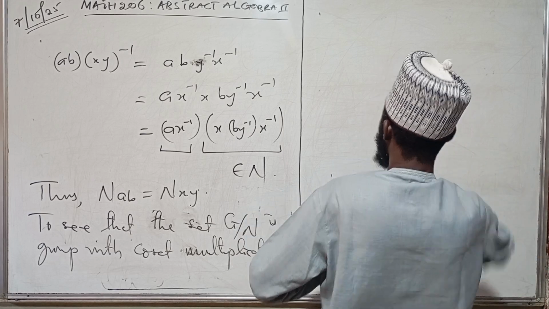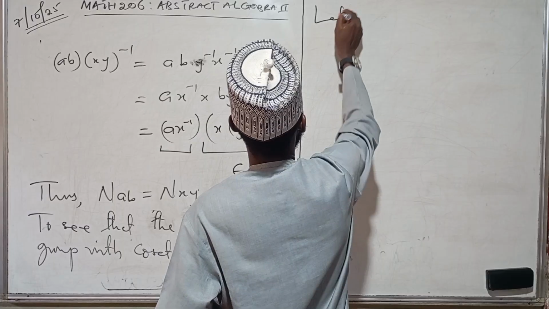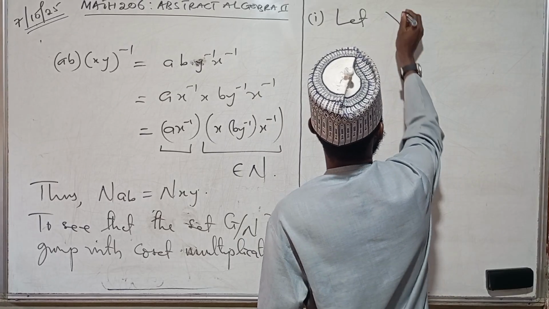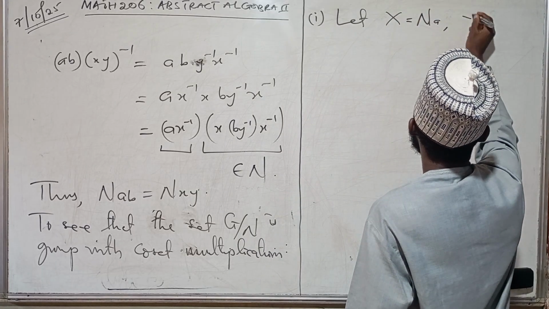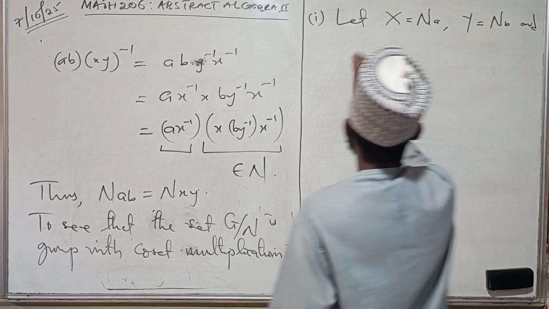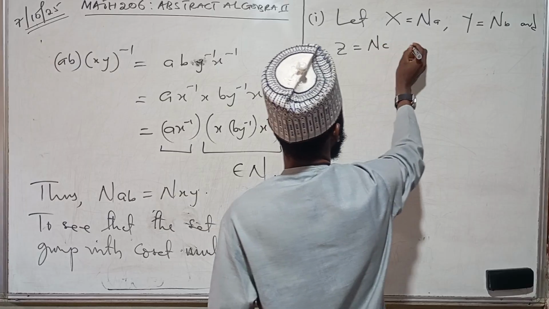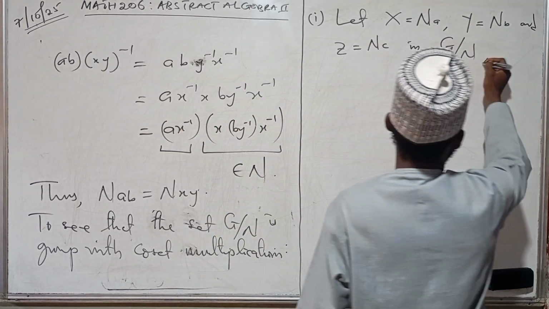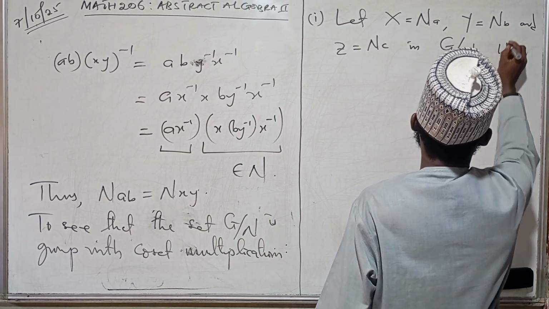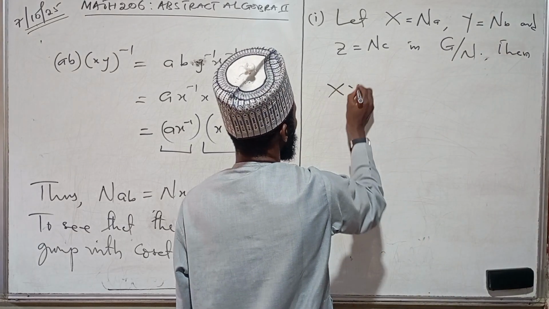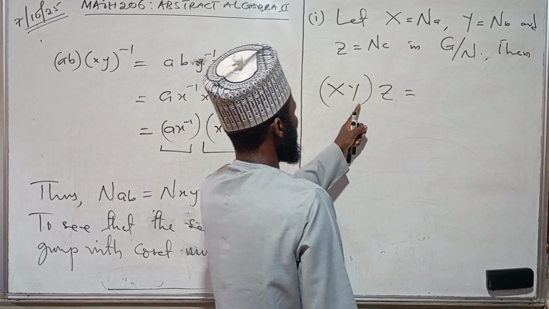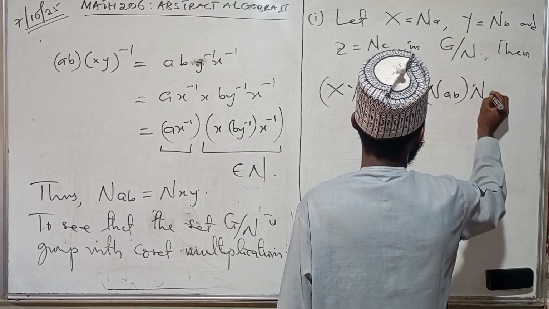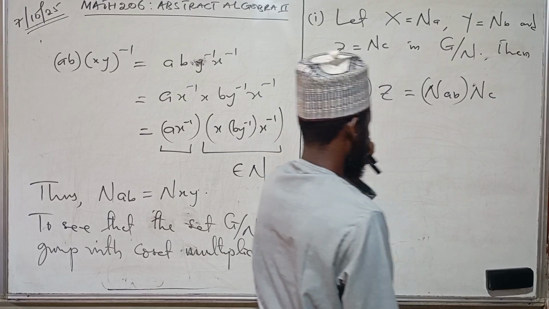So the first is to check that if you take X equal to Na, Y equal to Nb and Z equal to Nc in G by N, because every element coming from there is a left coset, then XY times Z will be equal to, by the very way we define this, NAB times Nc, because the product here is NAB and then Nc.